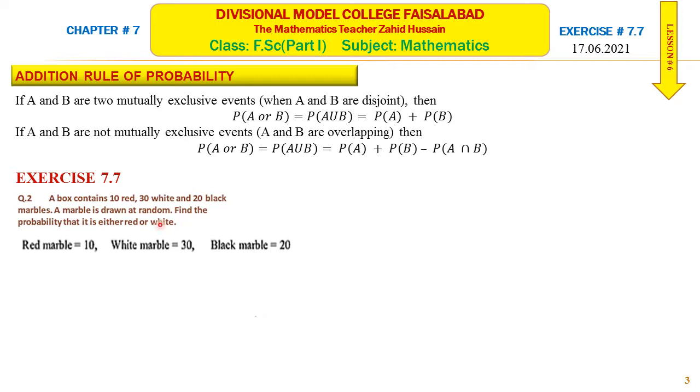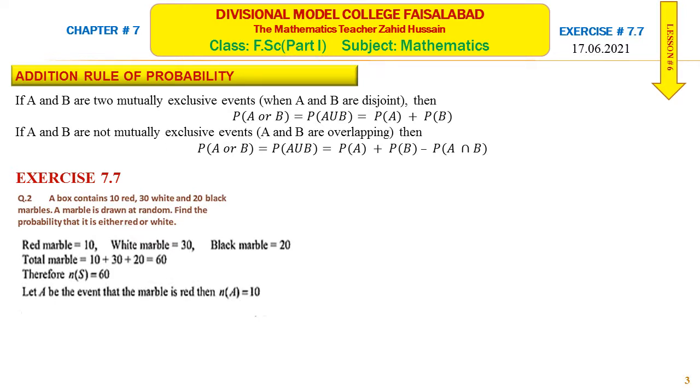So red marbles in this question are 10, white marbles are 30, and black marbles are 20. So total marbles in the box is 60. So the number of the sample space is 60. There are two events. One event in which there are red marbles.